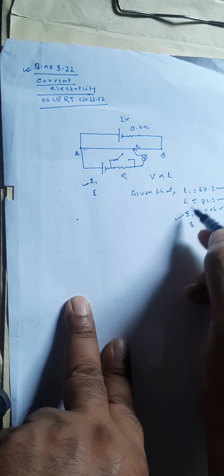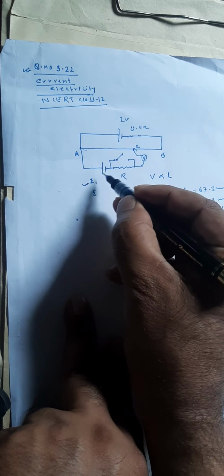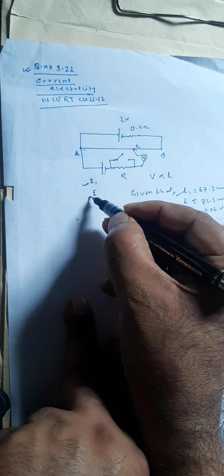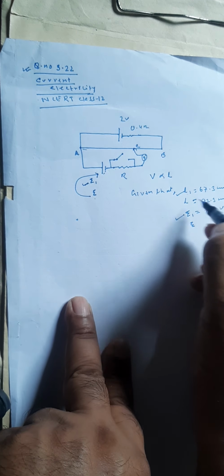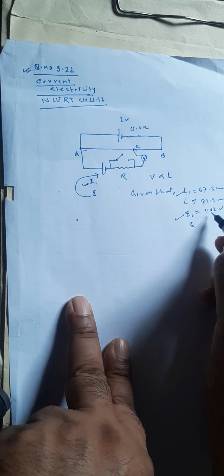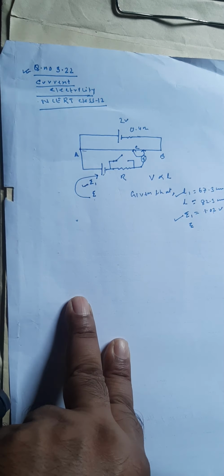For this, the balancing length obtained is L1. When it is replaced and the other cell is placed here, the next balancing length is obtained at another point.